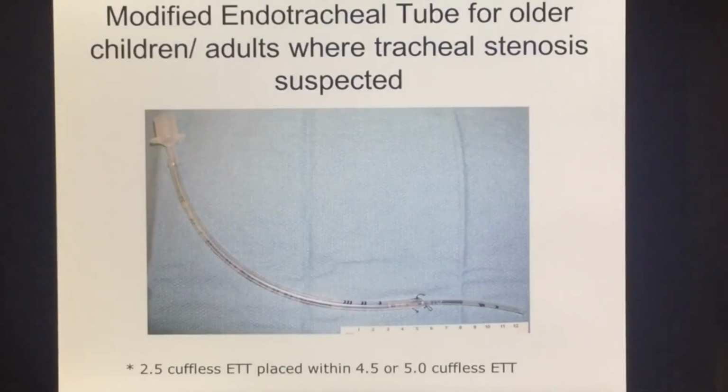This is an example of an elongated endotracheal tube, where a 3.0 endotracheal tube or a 2.5 narrow endotracheal tube is sutured to the end of a larger, longer endotracheal tube, such that for an older child or for adults, you can access the narrowing because these smaller endotracheal tubes do not have the length to get there.